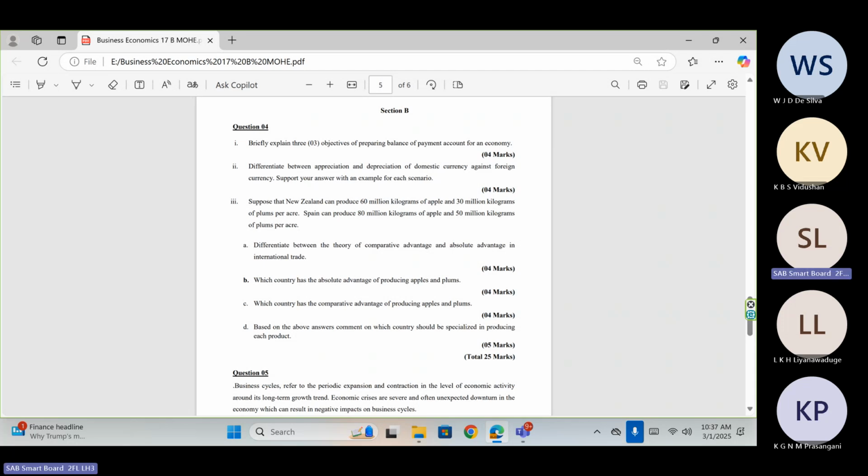You can explain either by using the cost approach or the input approach. If it is the input approach, you have to consider the same level of input. By utilizing the same level of input, if one country can produce more than the other country, that country has absolute advantage. Then the other way around, what is opportunity cost?